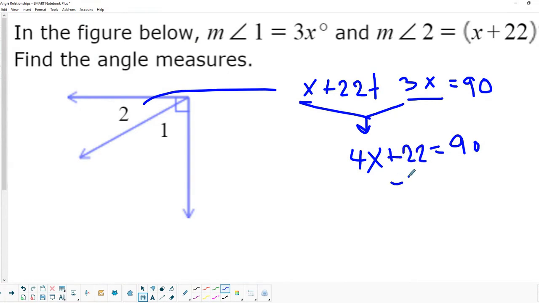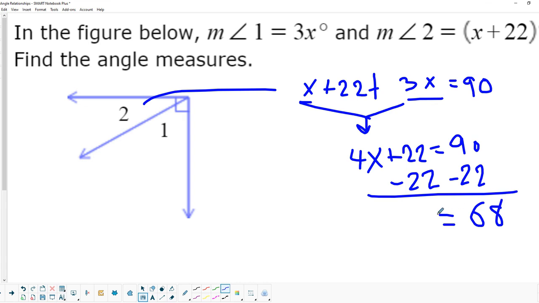So if we subtract 22 from both sides, like this, 90 minus 22 would equal 68. And that is equal to 4x. All right, so now all we have to do is divide by 4.